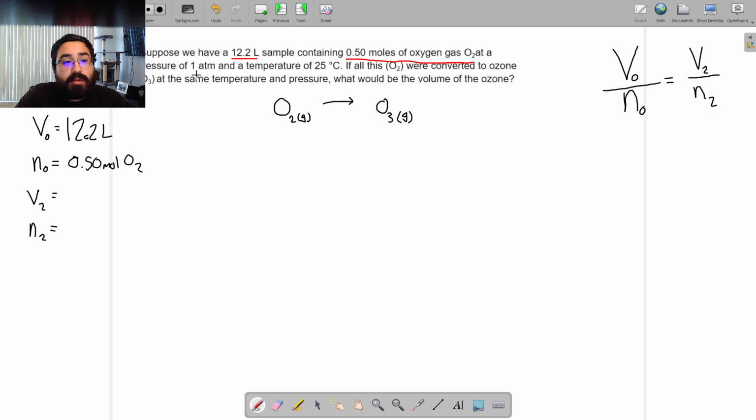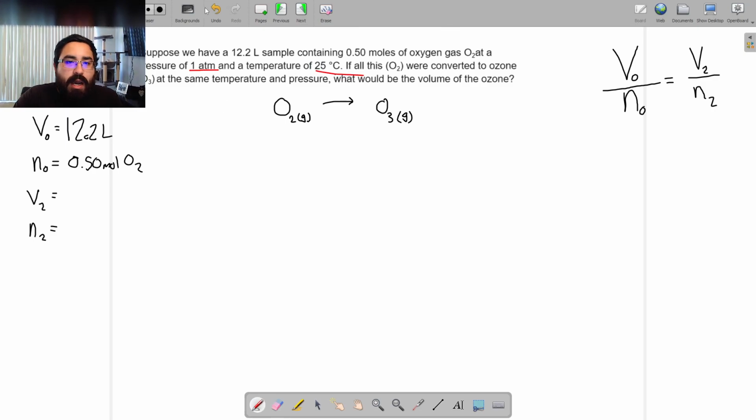The pressure is 1 atm and the temperature is 25 degrees Celsius. Now this right here might scare you off a bit, because you might start to think of other questions to solve for, but if you continue reading the problem, it'll let you know that you don't really need this information.